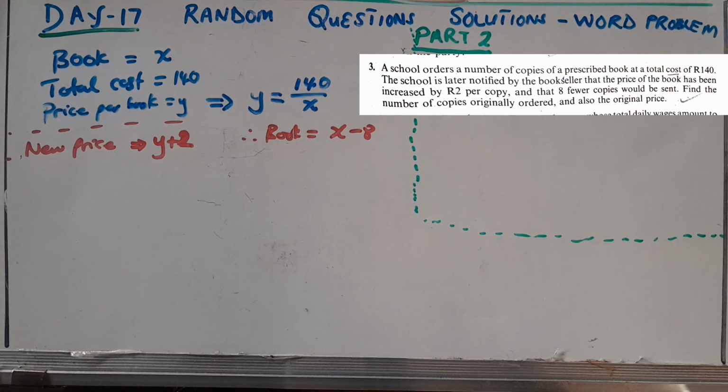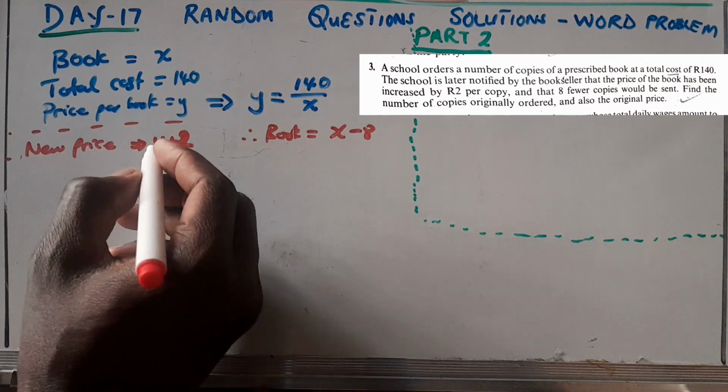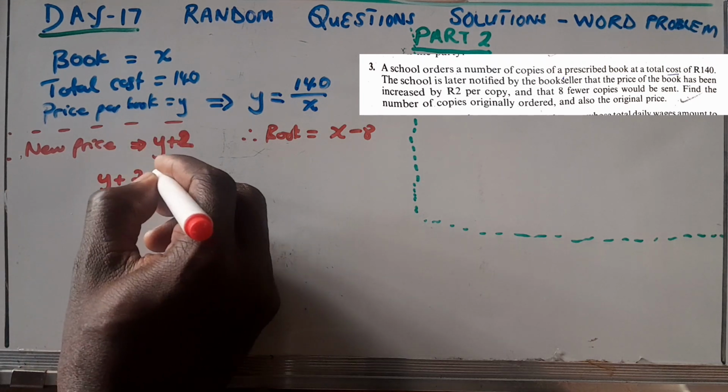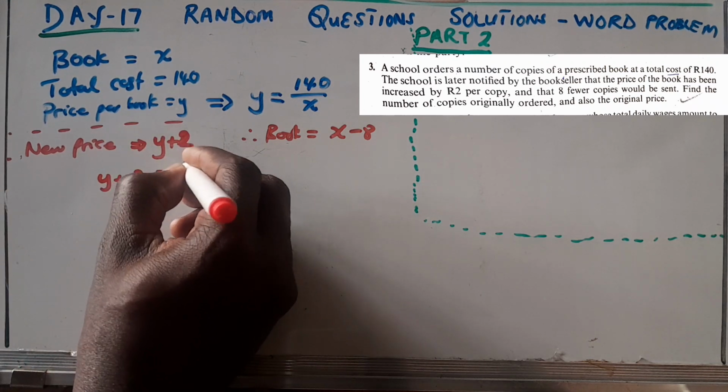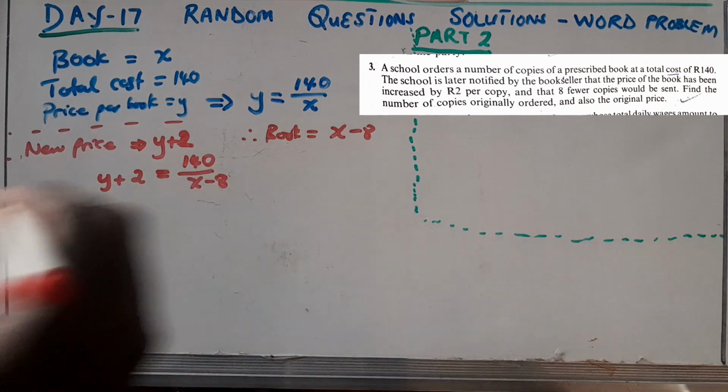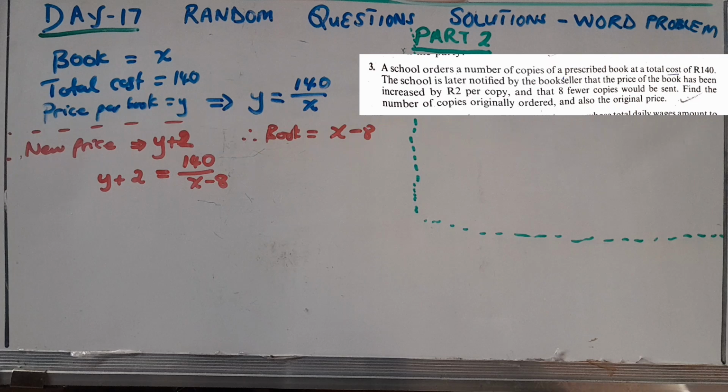Find the number of copies originally ordered and also the original price. So it means that now the total cost hasn't changed. It didn't change. So the new price per book, Y plus 2, will be equal to 140 over X minus 8. Can you see that?